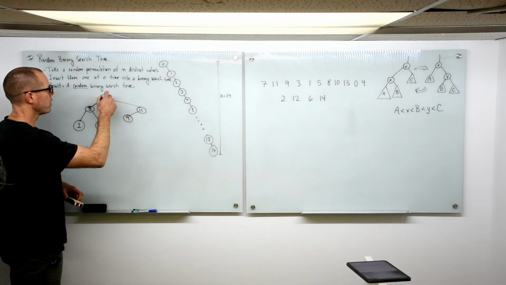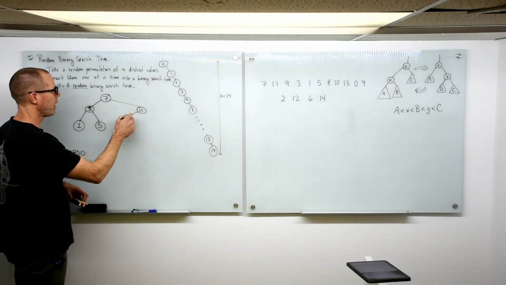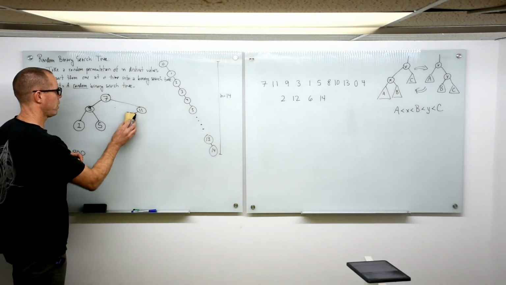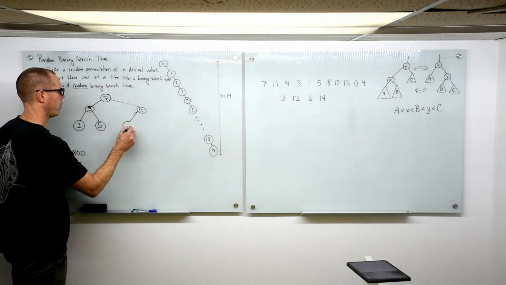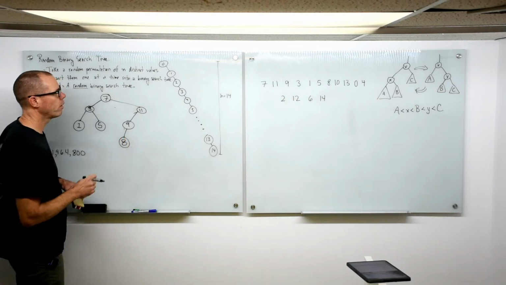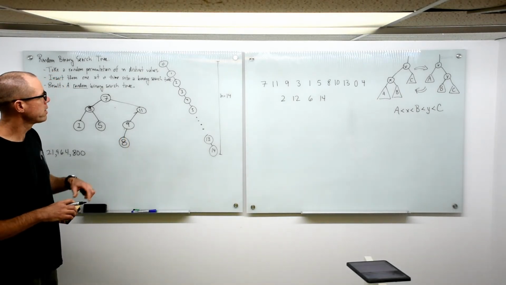8. 8 is larger than 7, smaller than 11, smaller than 9, so 8 goes, let me draw this nicely. 9 was here, so 8 will go here. Next up is 10.